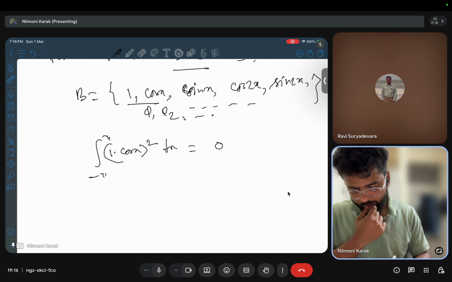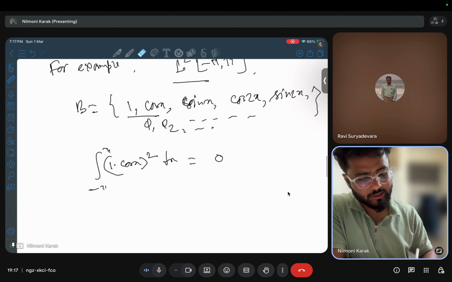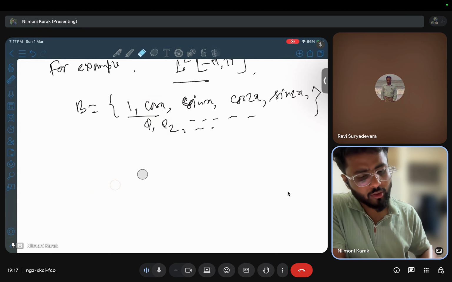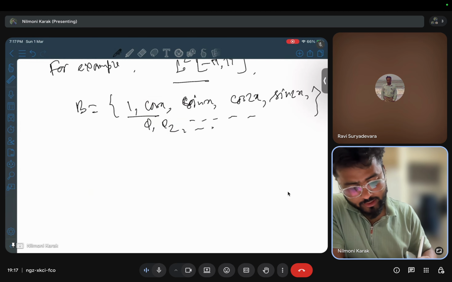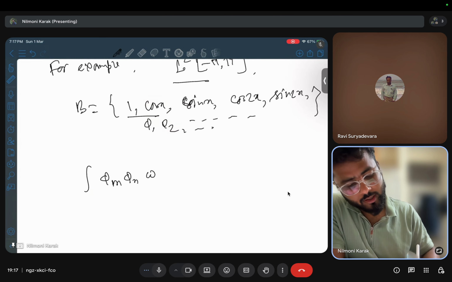Sorry, I was correct, but something is a little bit different, because this orthogonal system is not only phi m and phi n, you also have to multiply some weight.